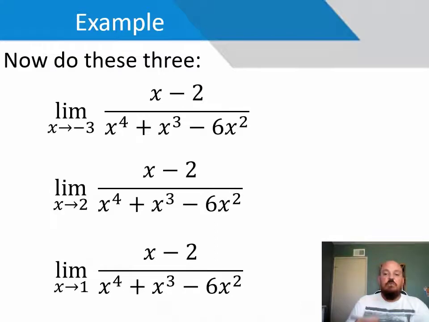So instead of seeing what happens when we're close to 0, the first thing I'm going to do is see what happens when we're close to -3. And then I'm going to see what happens when we're close to +2. And then I'm going to see what happens when we're close to +1. So it's 3 completely separate questions, but it's the same function. So I can leave all my work in Desmos. I just have to change the x values on my table. So let's go ahead and do that.